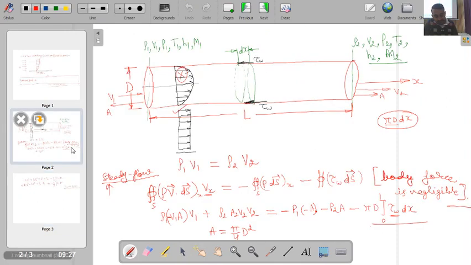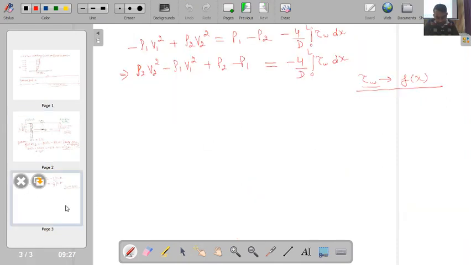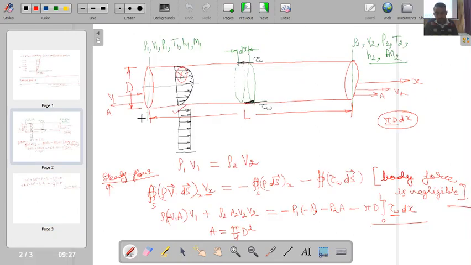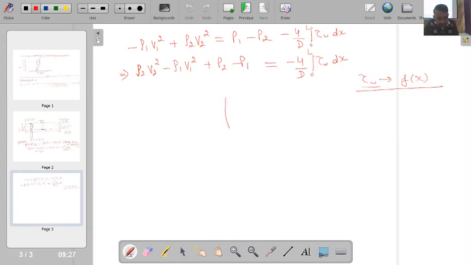So the equation I have got till now is applicable for the entire pipe from station 1 to station 2. Now in place of using this from station 1 to station 2, I will consider it only for a small element of thickness dx, and this element is so small that the value of wall shear stress is known, that is constant.